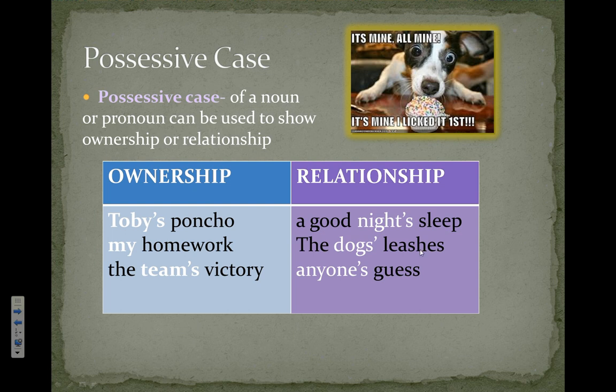The dogs' leashes. The dogs don't actually own their leashes. You use the leashes with the dogs, and the leashes are owned by you, but we have the apostrophe. Notice there's more than one dog, so our apostrophe rule is a little bit different. That's one of the rules you're going to be learning in this lesson. And then anyone's guess, another expression.